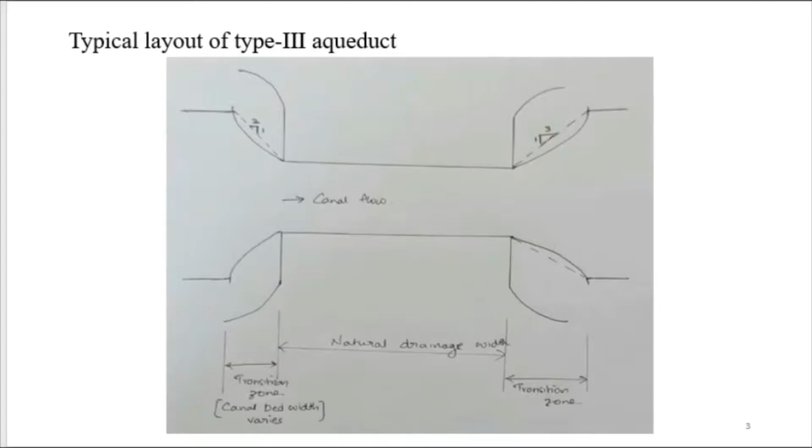Then again it will be expanded and attain its actual width. From the actual width to the lesser width, the reduction is obtained by a slope of 2:1, whereas from this lesser width to the actual width, it will be obtained through a slope of 3:1. This you have to remember.